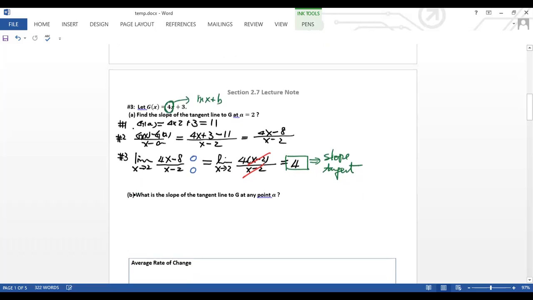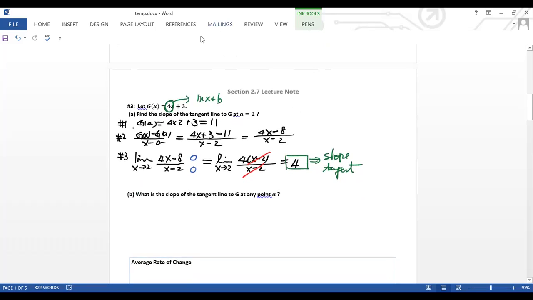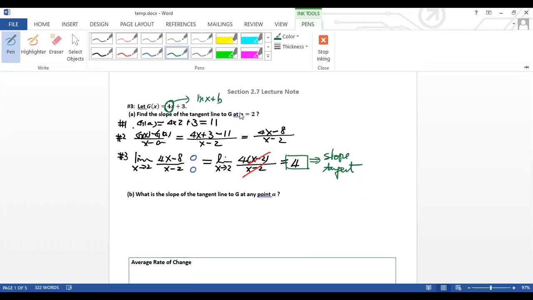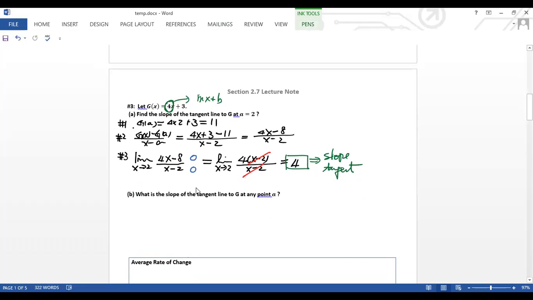So that's why they ask, what is the slope of the tangent line to g at any point here, right? Because this is the slope of the tangent line, we said that because g of x equals 4x plus 3 is a linear function, right? So this is a linear function.